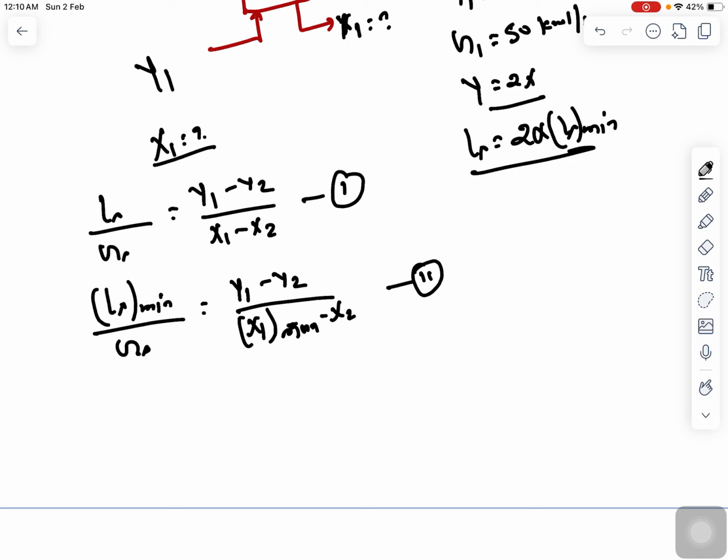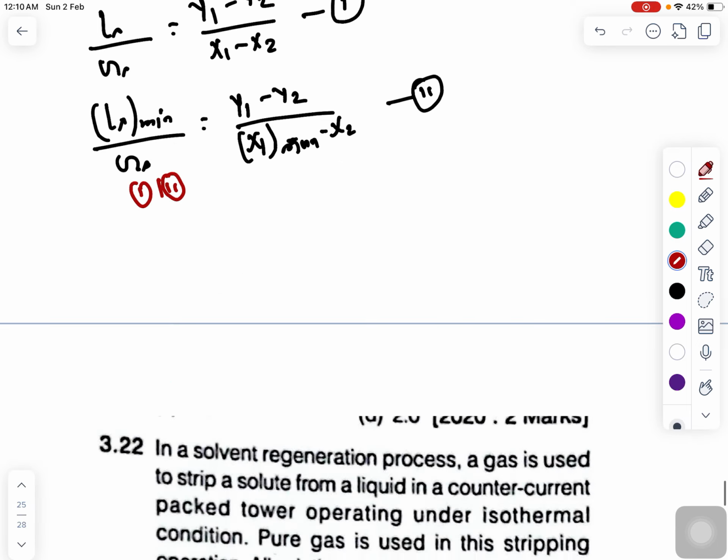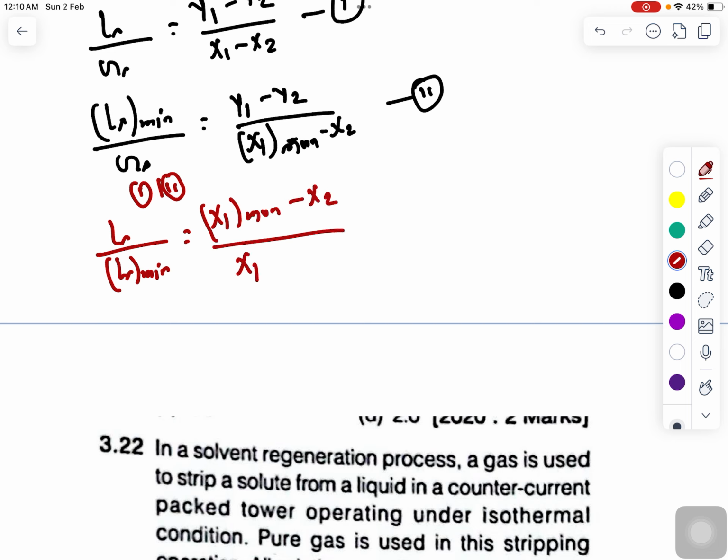This is my equation second. So if I divide equation first by second, what will I get? I'll be getting Ls divided by Ls minimum, that is equal to (x1 max minus x2) divided by (x1 minus x2). Okay, great. But here you can see that x2 is 0.